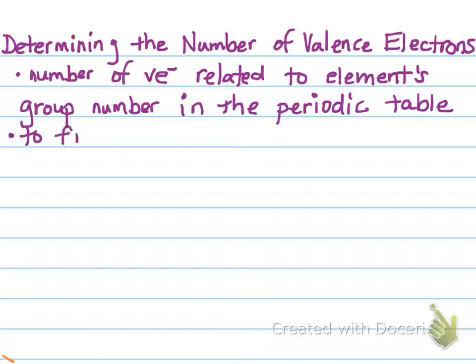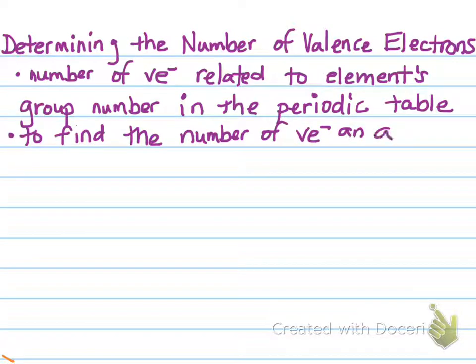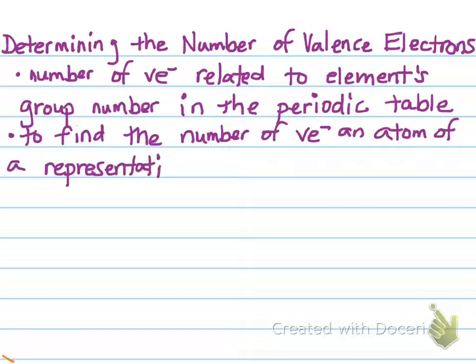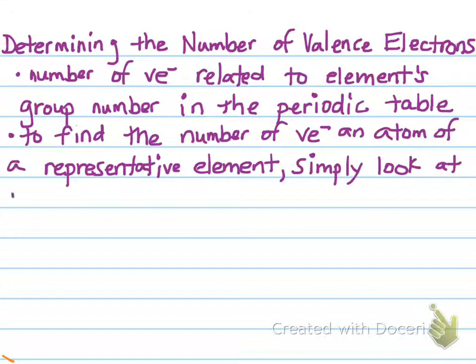To find the number of valence electrons of an atom of a representative element, remember, by representative element, we're talking about the tall columns on the periodic table, you simply look at its group number.